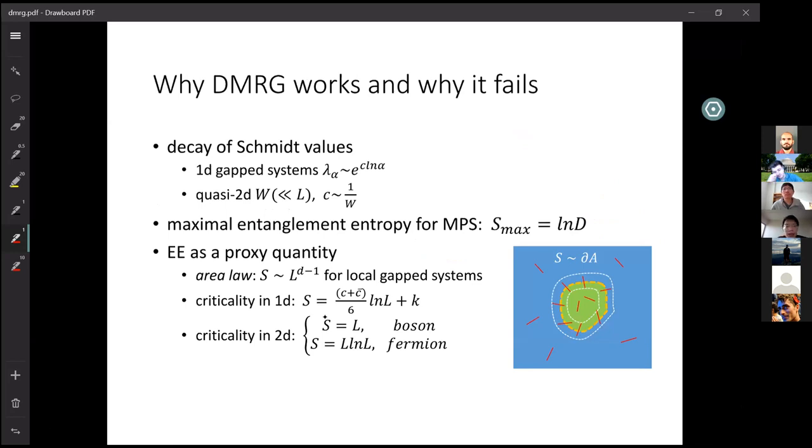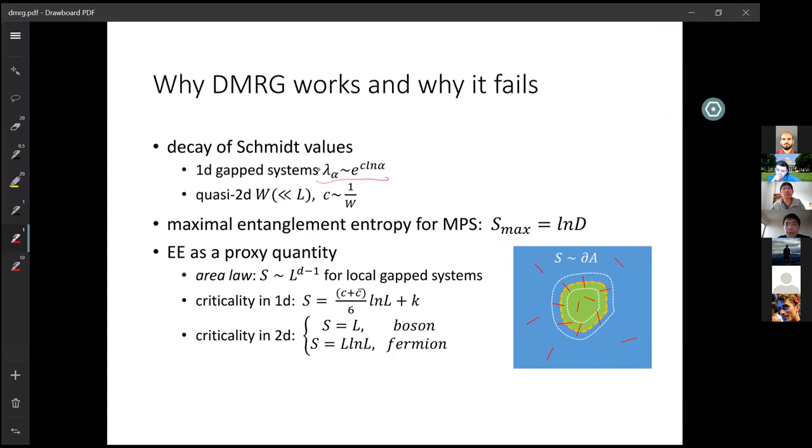In the end, I will comment on why DMRG works and why it fails. People have done a lot of work to understand why it works. They look at the decay of Schmidt values, and they find that for 1D gapped systems, it's a power law decay.